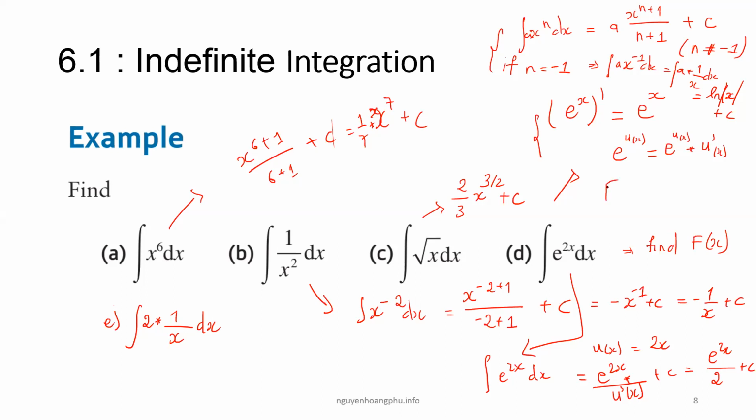Okay. So here we have f of x equal to e to the mx. You can find the integral of f(x) is equal to e^(mx) divided by m plus c. Now the d is not multiplied with 2.